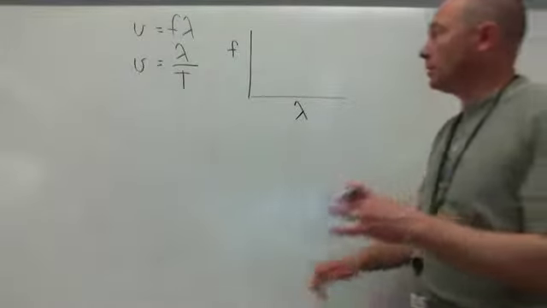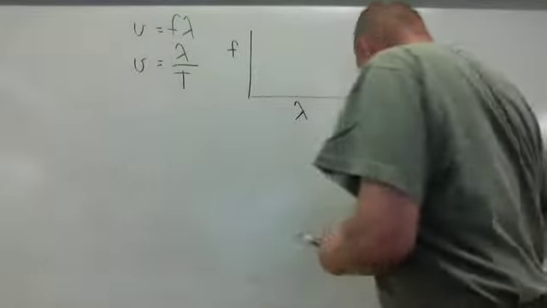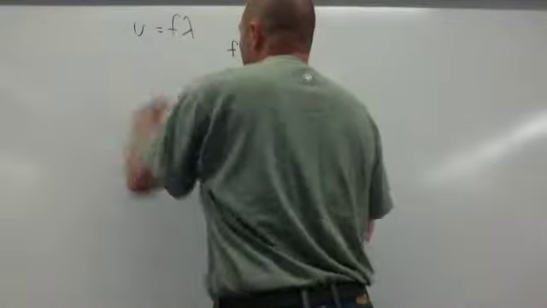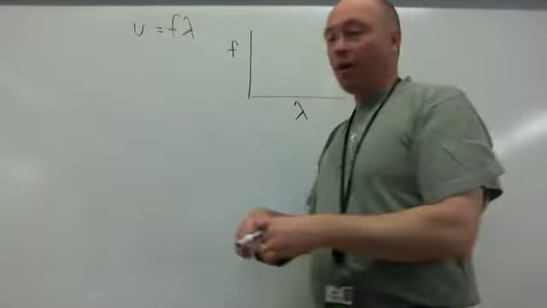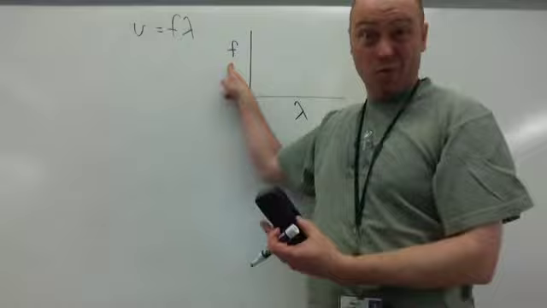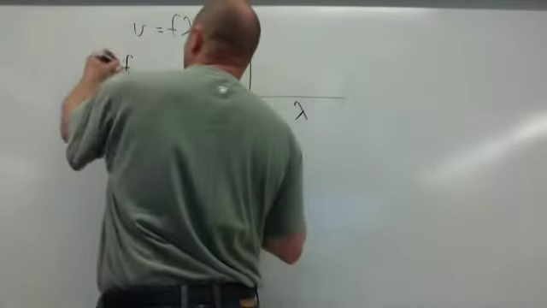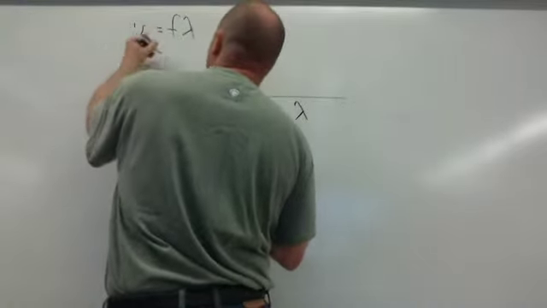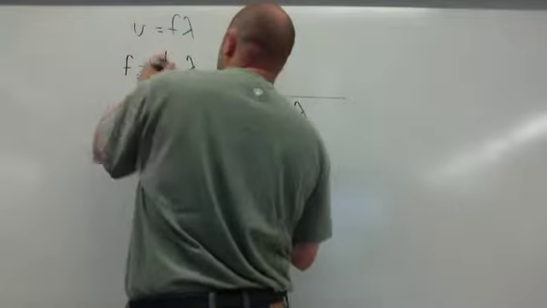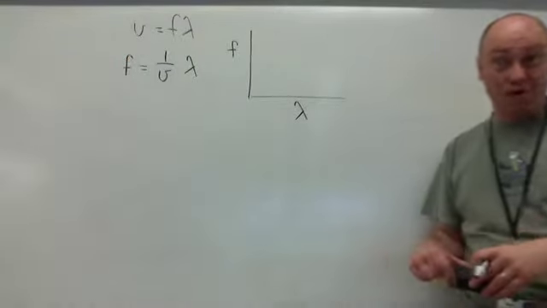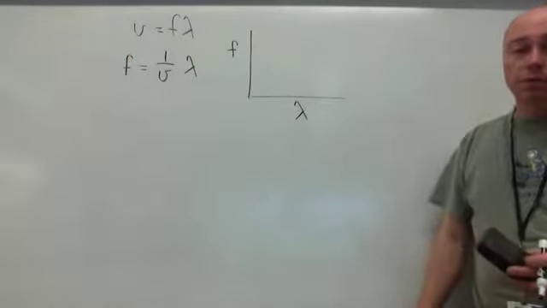If you think about our equation that has frequency and wavelength in it, which is that one, this is on my y side, so if I have f equals 1 over v times this, I'm just doing some crazy algebra there.